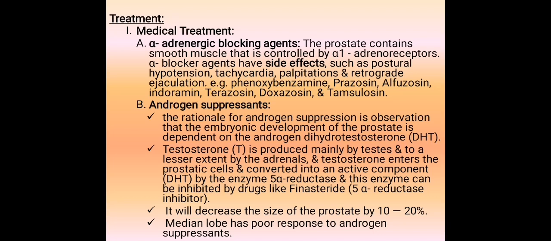Now we are more toward the use of alfuzosin. Terazosin is also one of the old version, but alfuzosin, doxazosin, tamsulosin, and silodosin, these are the newer versions. The selective ones are tamsulosin and silodosin.